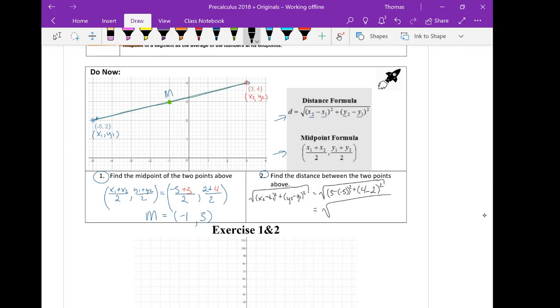So that gives us square root of 3 minus a negative is 3 plus. That's going to be 8 squared, plus 4 minus 2 is just 2 squared, which is going to be 64 plus 4, which is square root of 68.